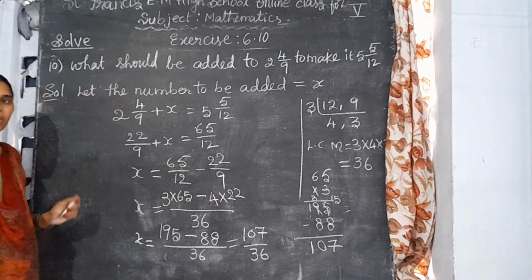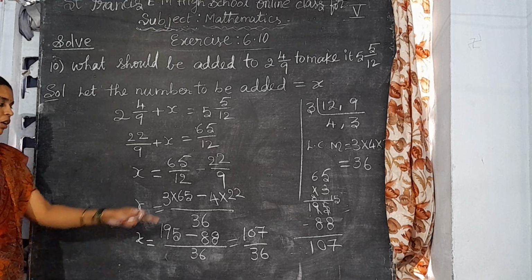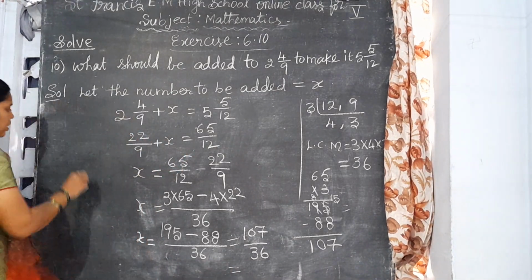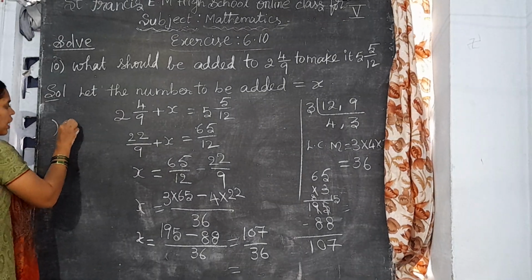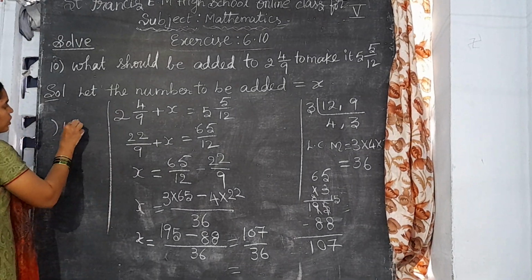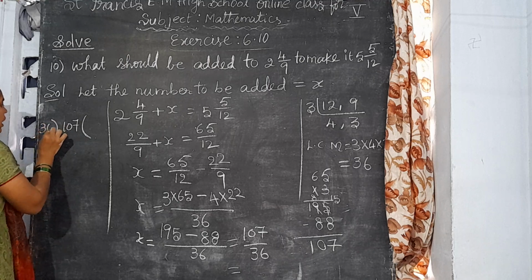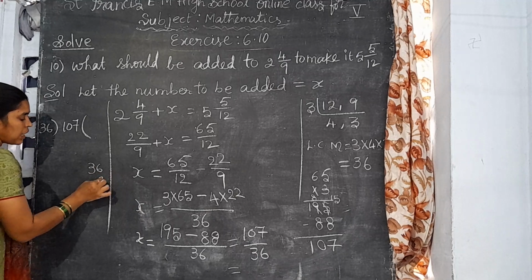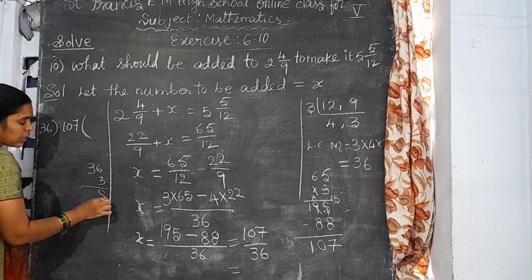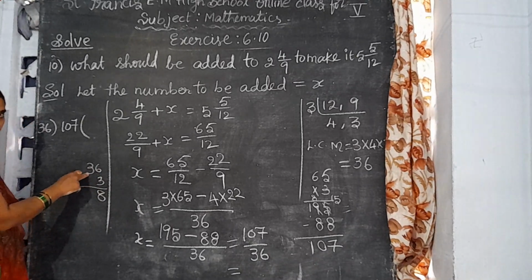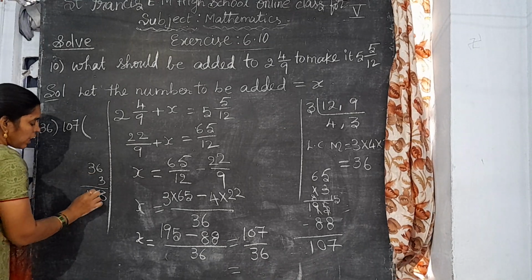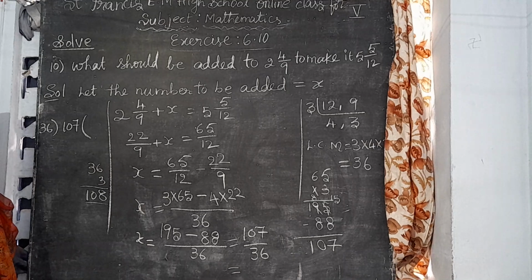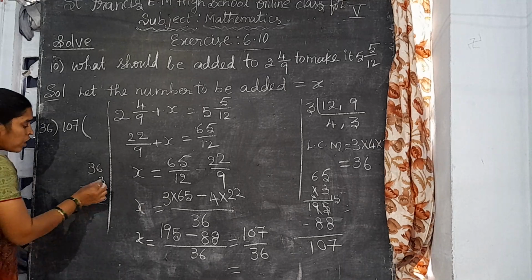36. Okay. Now this one you should convert into mixed fraction. Here I am doing that one. 107 you should divide by 36. 36 3s, maybe 3 times. 3 6s are 18. 1 carrying. 3 3s are 9. 9 plus 1, 10. Does 108 go from 107? No. So you should take just before 3.